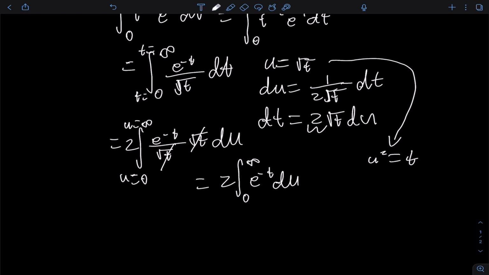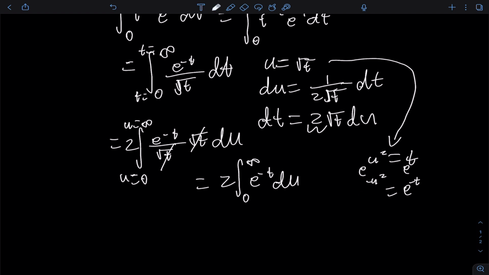And if we want to figure out what e to the negative t is, let's just raise both sides to the power of e. So e to the u squared is equal to e to the t. And all we do here to figure out e to the negative t is just stick a negative sign in front of the exponent, because that is what e to the negative t is.